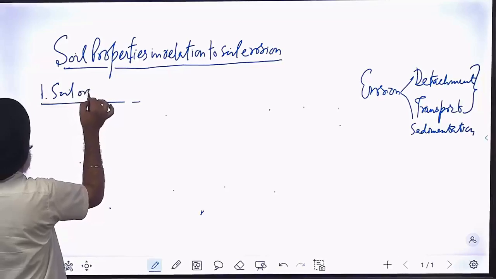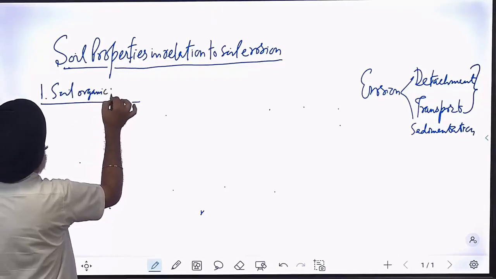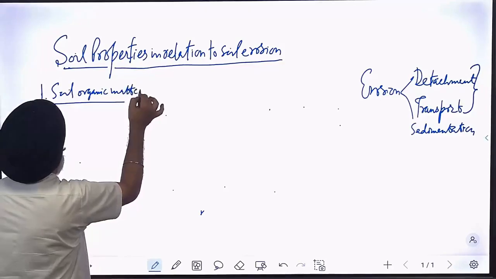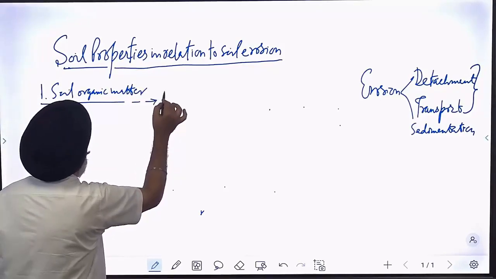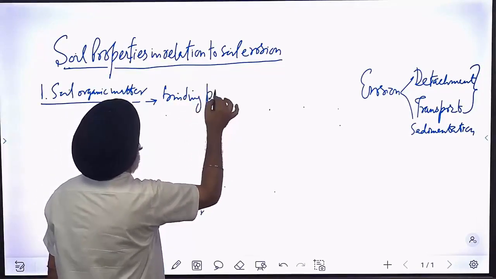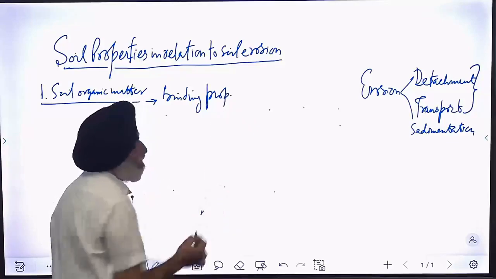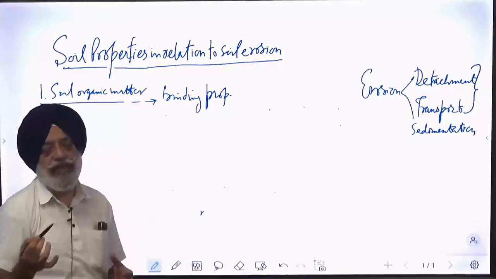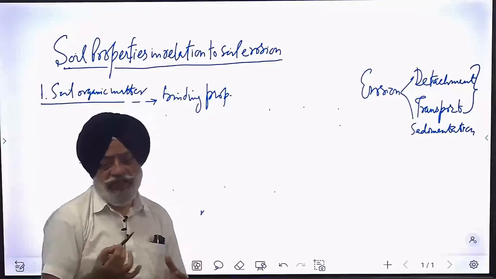Soil organic matter has binding properties and binds the sand, silt and clay particles to form an aggregate.